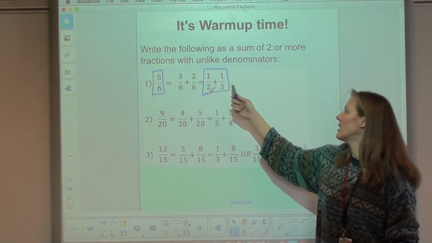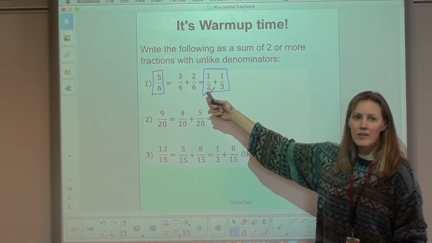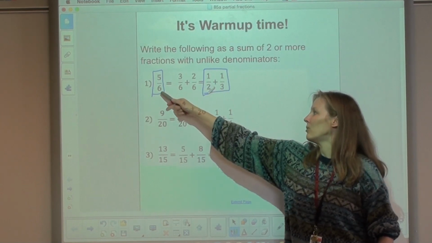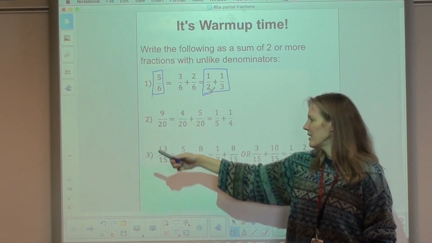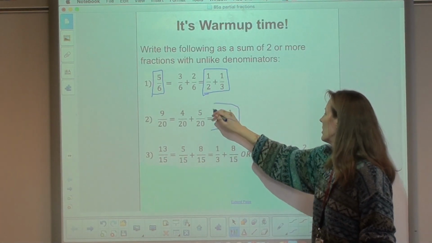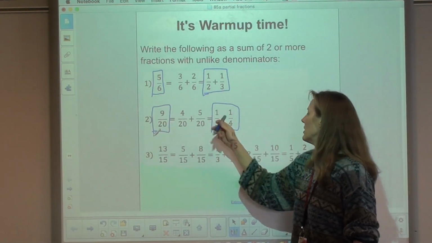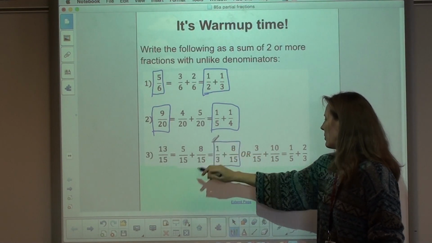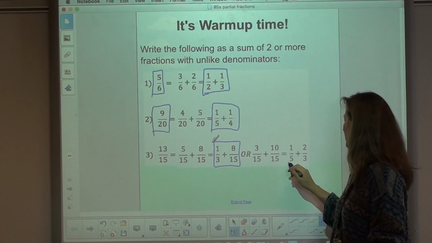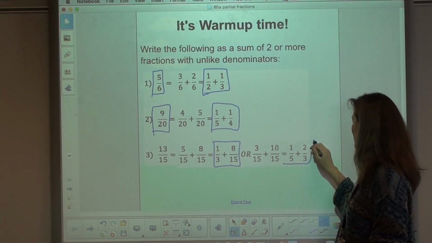And the denominators often will multiply to give you the denominator of the original fraction. Does everyone kind of see that? So like here, we have 9/20, we have 4 times 5, right? Here, we have 13/15, and then we have thirds, and that one doesn't work, but this one does.